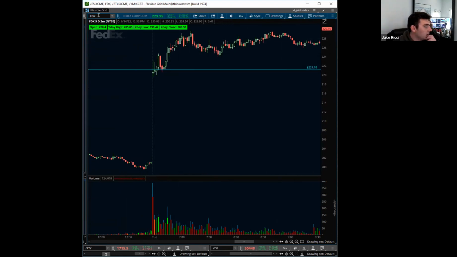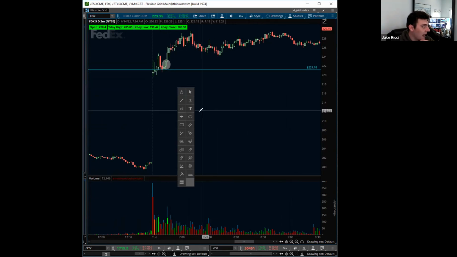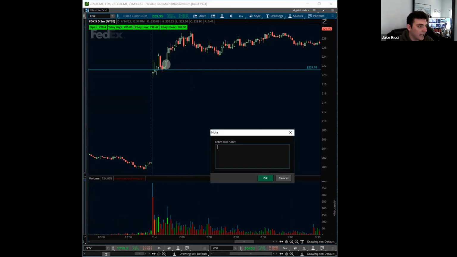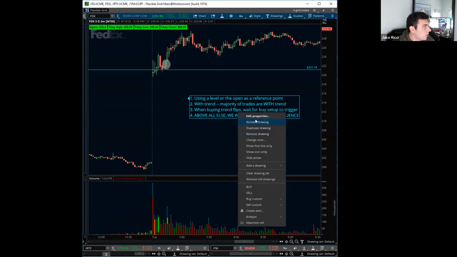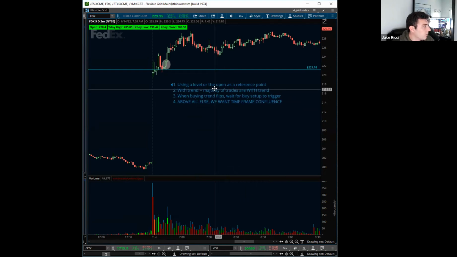All right, so this is really the buy setup I should have taken. And that's really the only thing I should have done on the day, is that's a buy setup. Let's go back and establish, and I wanted to do this anyways, that we're going to use a level or the open as our reference point, right?